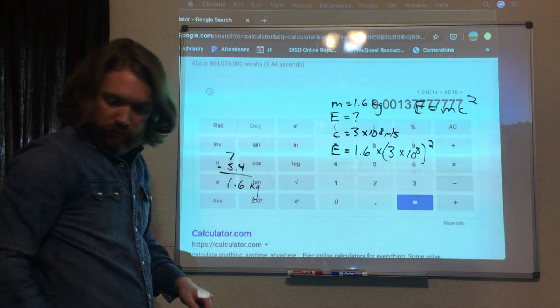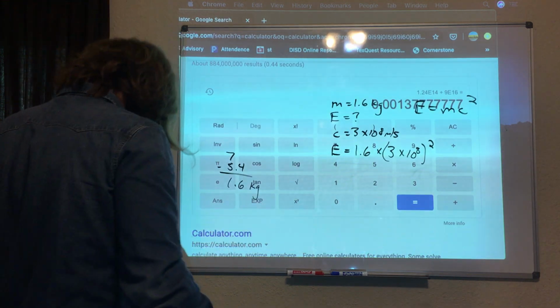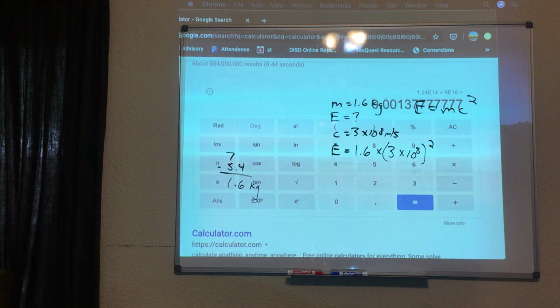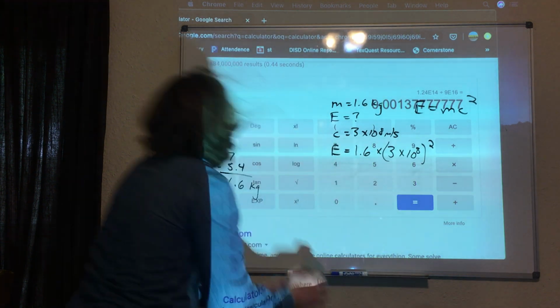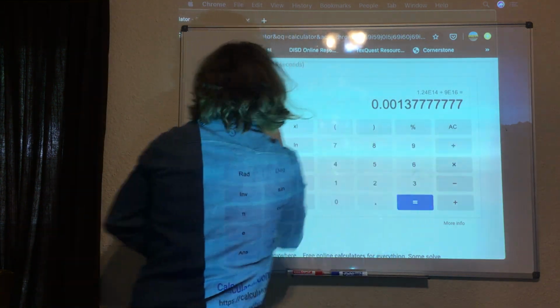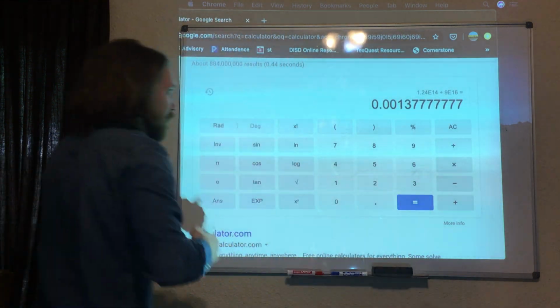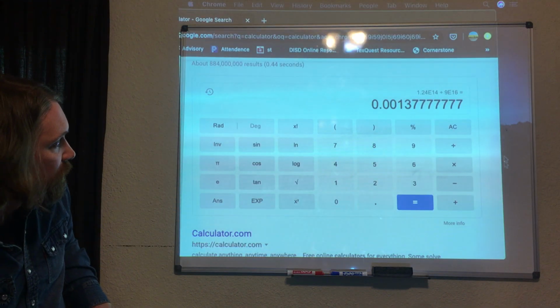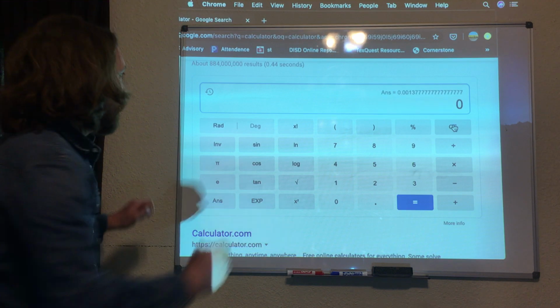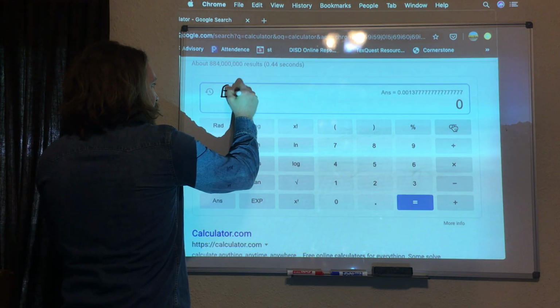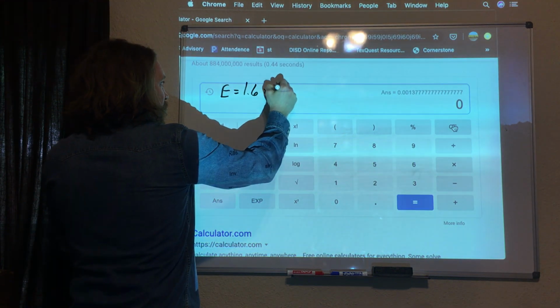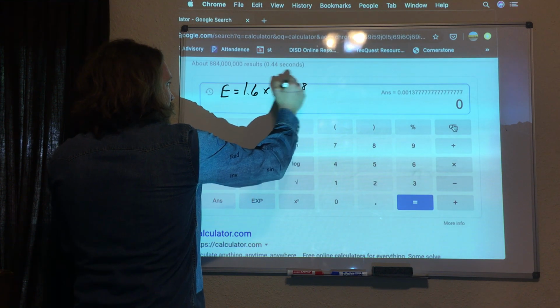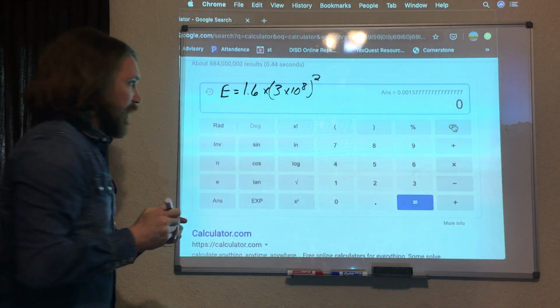Go back. Here we go. Okay, we clear this out. And all we need to do to find this is E equals 1.6 times 3 times 10 to the 8th squared.